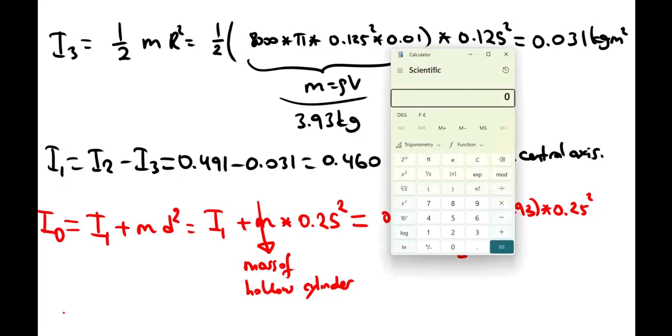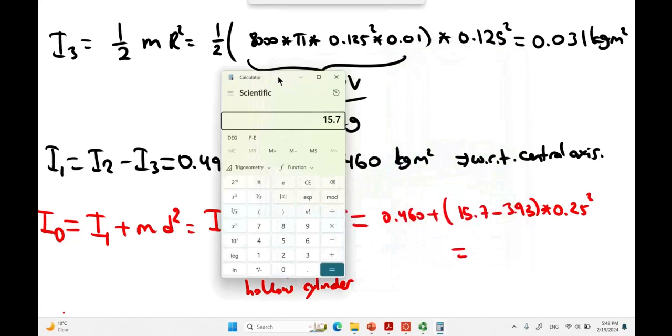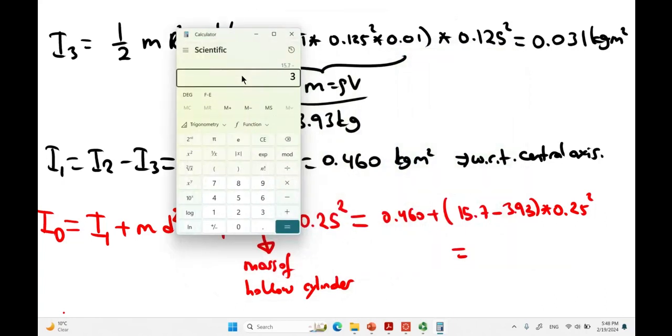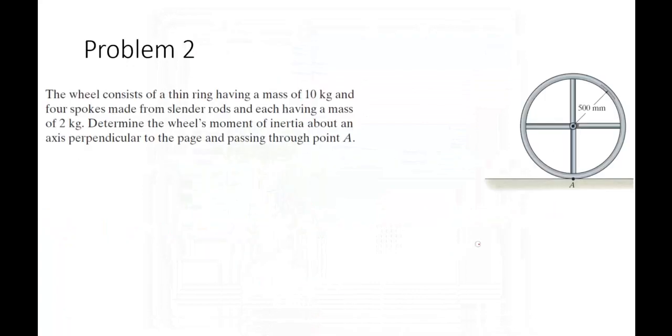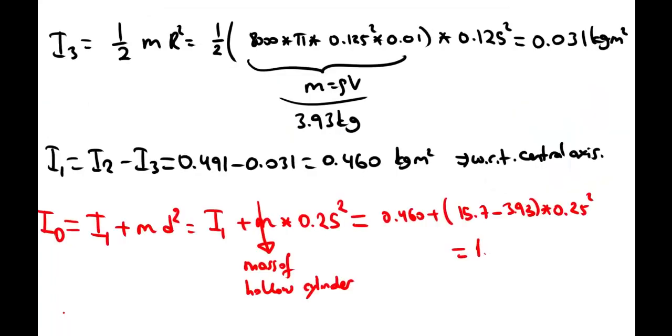So it will be 15.7 minus 3.93, times 0.25 squared, plus 0.460. Okay, that gives 1.2 kilograms meter squared. Okay, that's all.